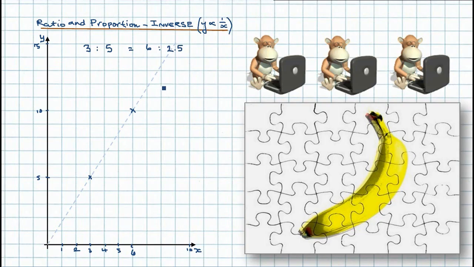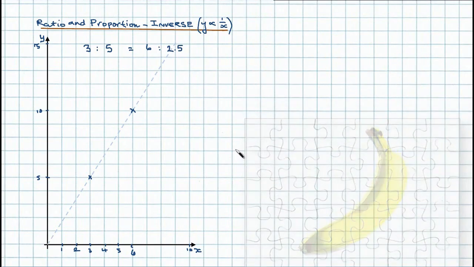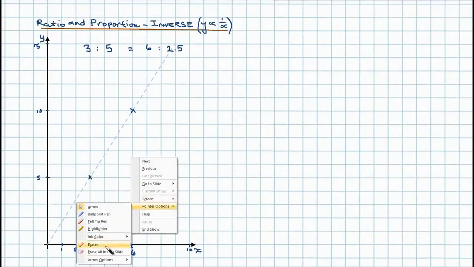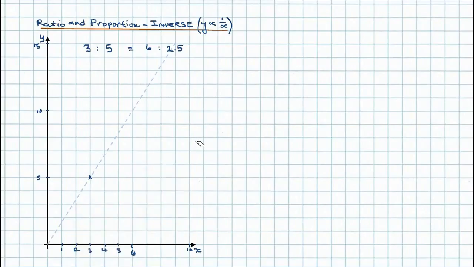Okay, let's get rid of our monkeys now and have a look at the graph of this inverse relationship. Alright, so we have to now erase this because we know this is wrong, and let's just draw this on now correctly. So 6 and 2.5, so that would be about there.